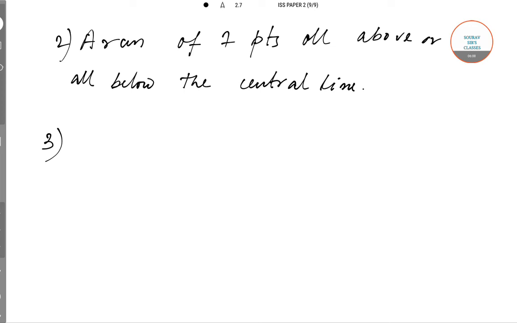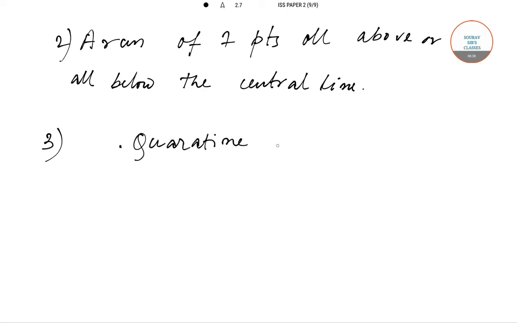And third, when these 7 points all above or all below occur and the defect is already there and they have detected the defect in the production system, they stop the production and then they run a few tests. These tests are, one is quarantine and 100% check.